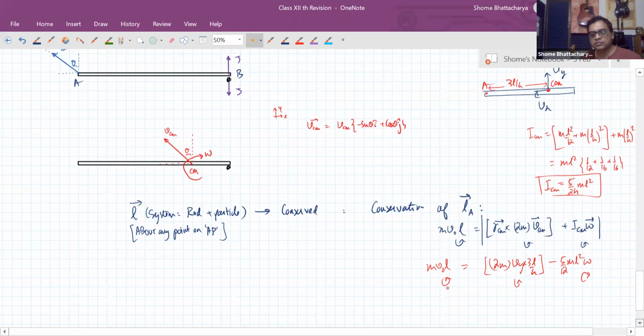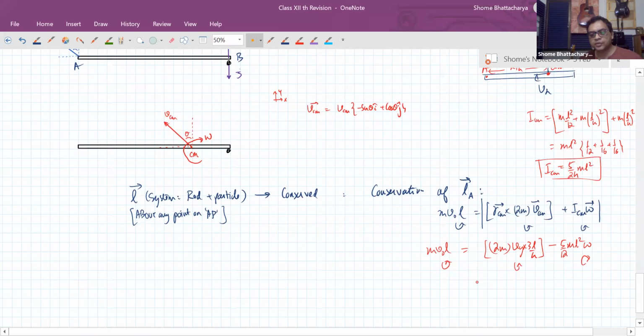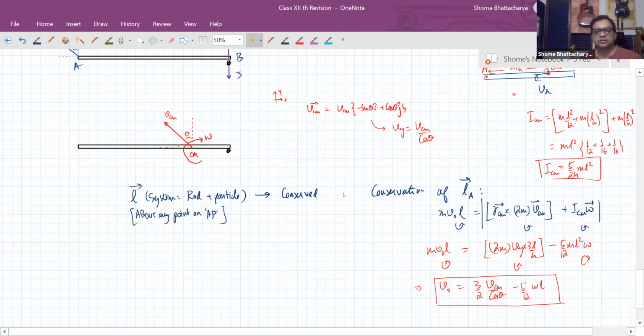So we will get V naught is equal to 3 by 2 Vy. Now remember what Vy is. From here, Vy is V_CM upon cos theta, minus 5 by 12 omega L. This kind of term I will get. 5 by 24, is it?